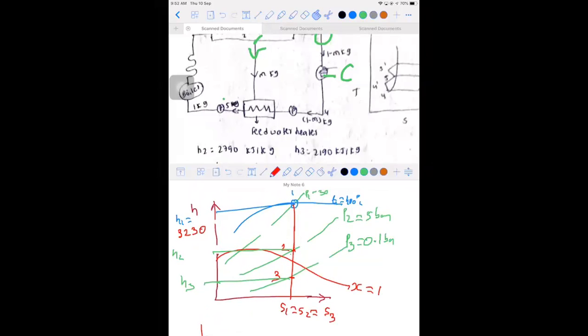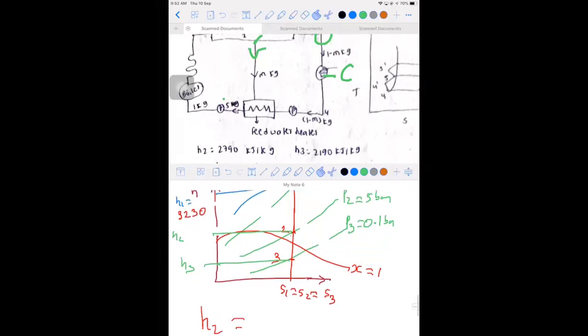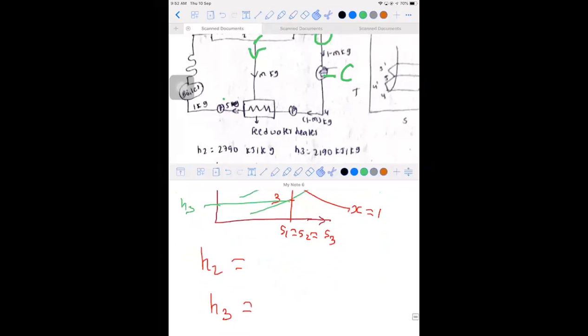H3 is 2190, yes, sir. And 326 has given 2790. Sir, you please check it. 347, once again, 347. No, you are correct. No problem, sir.